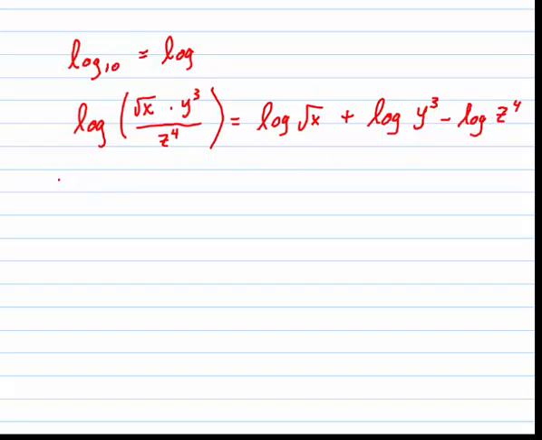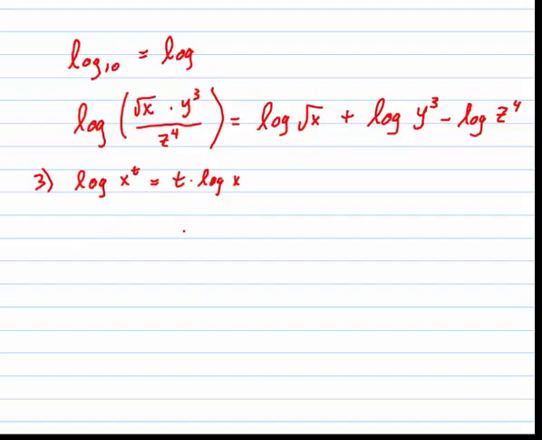And then we can use the third rule. Let me write it again. The third rule was log of x to the t is equal to t times log of x. So we can expand these.